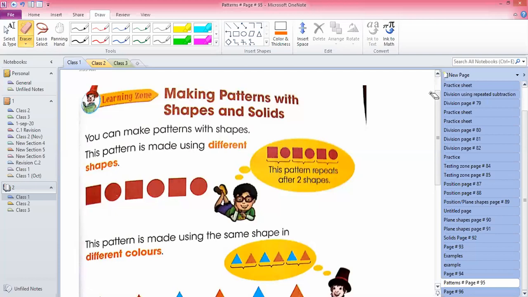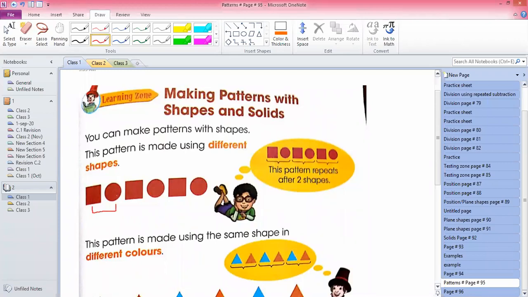Okay, the first thing is that you can make patterns with just shapes, like in the first example of the book. There are two shapes. The first shape is a square and the second shape is a circle. After these two shapes, it is repeated: square circle, square circle, square circle, and square circle. At any point, if I ask you after square what shape will come next, you will say circle.